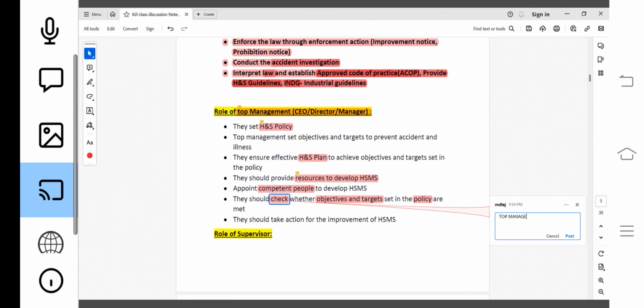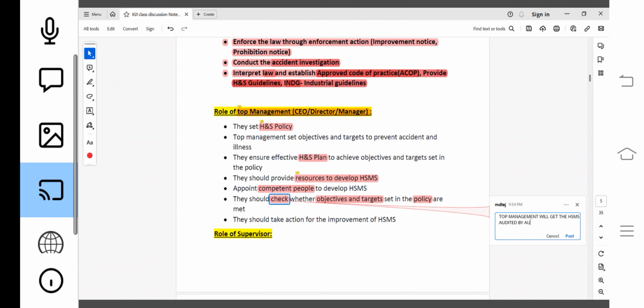Top management will get the health and safety management system audited by the auditor. By hiring, or they can do it by interviewing; internal audit and external audit will be a different thing to discuss.